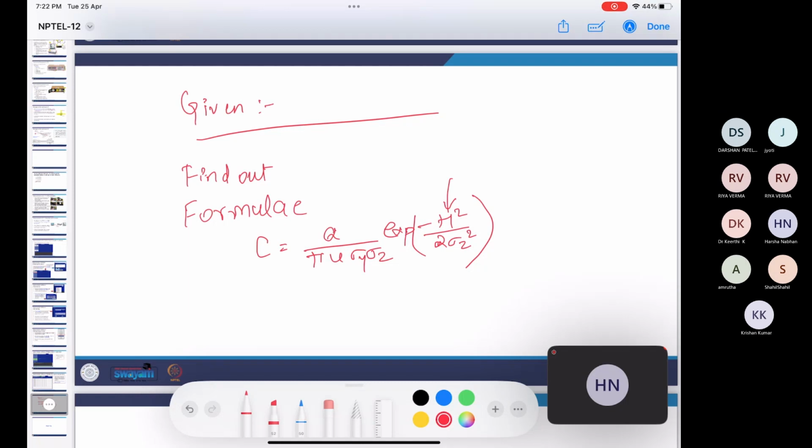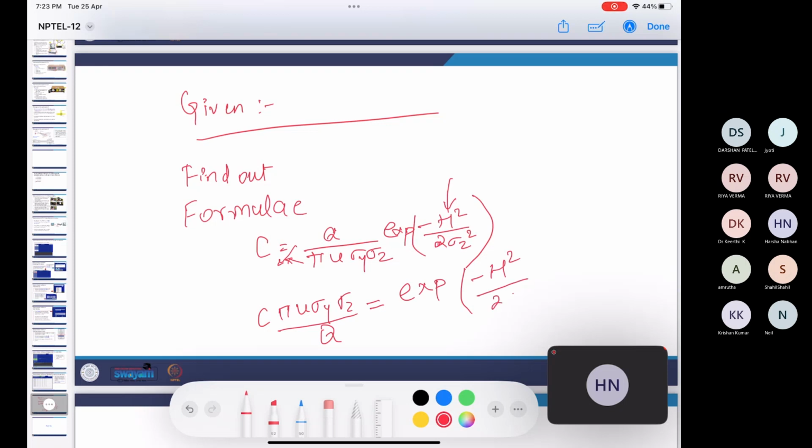Then you simplify this formula. For example, first we transfer this to the left hand side. So C into pi u sigma y sigma z comes downward, divided by Q, that is equal to e raised to the power minus h square divided by 2 sigma z square.